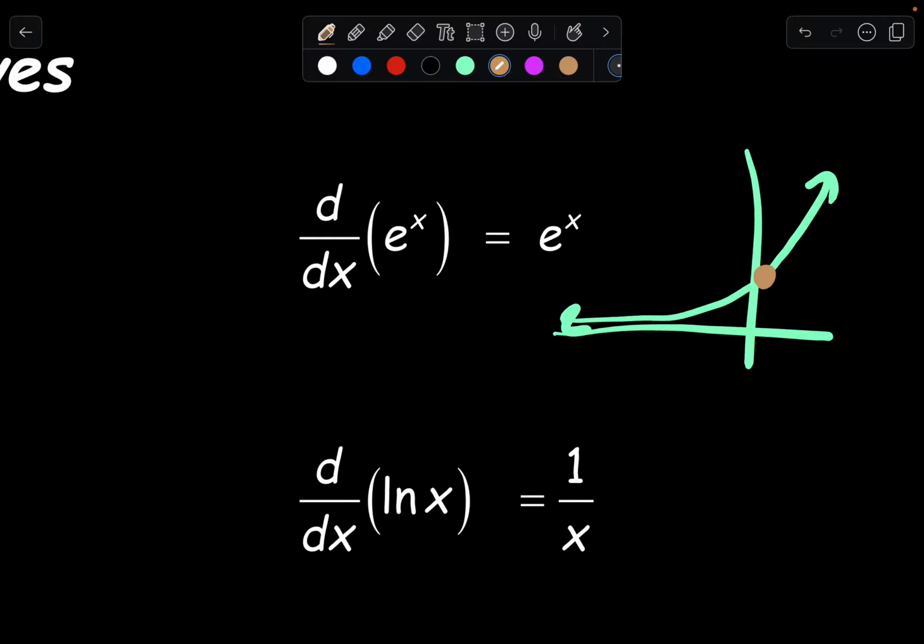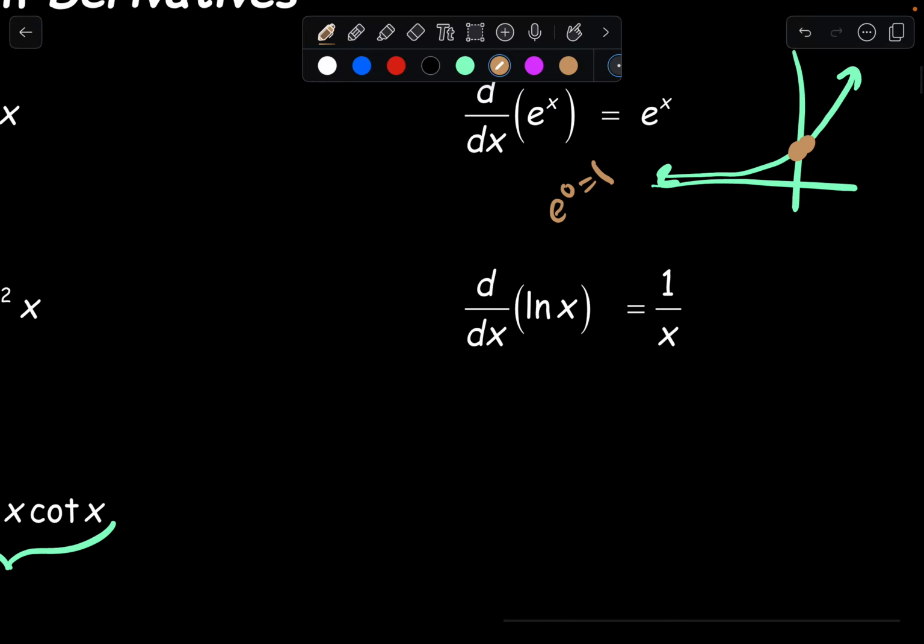So at x equals 0, e to the power of 0 is going to be 1. That means the output is 1, and the slope at that point is also 1. And this is true for the entire domain of e to the x.